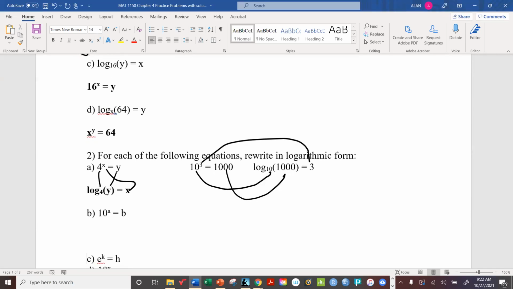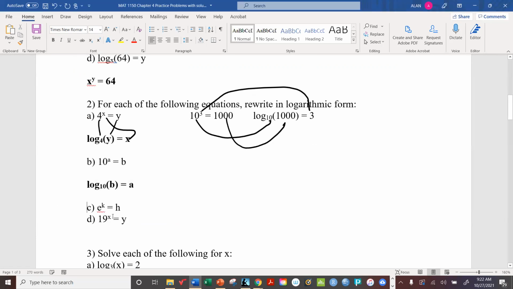So if that's the case, then this next one is straightforward. Log base 10 of b equals a. Now, how about this one? Log. Now this one is a little different because, well, you'll see in a second.